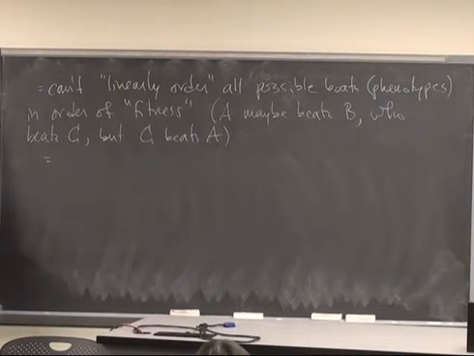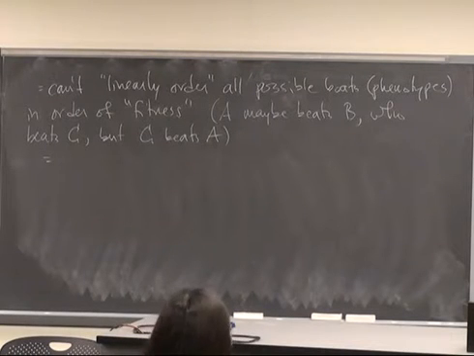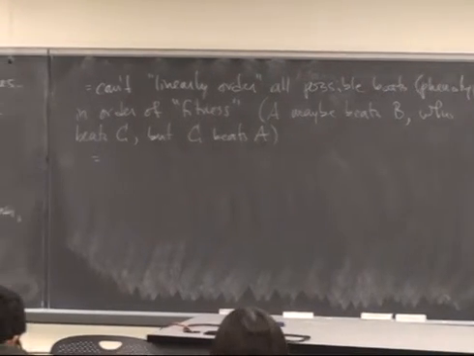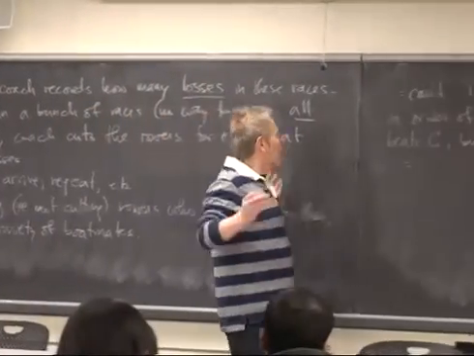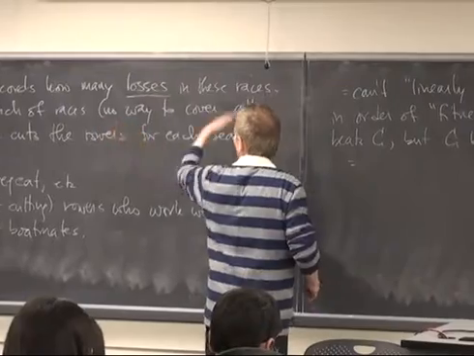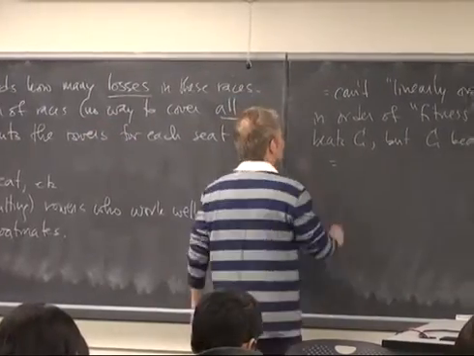And another thing is that even if there were a boat that would, under any circumstances, beat every other boat, that boat might never happen to appear in this finite bunch of races the coach is allowed to run.